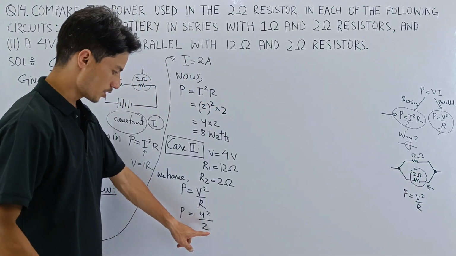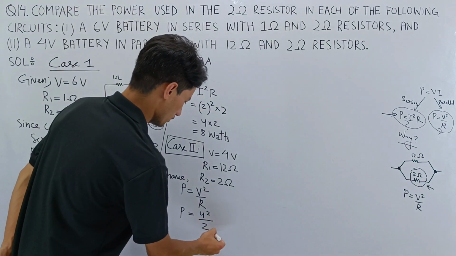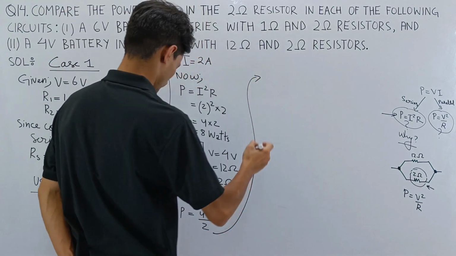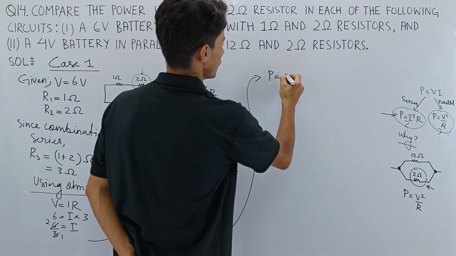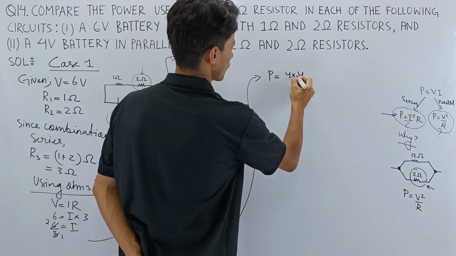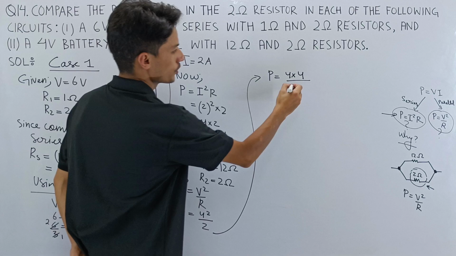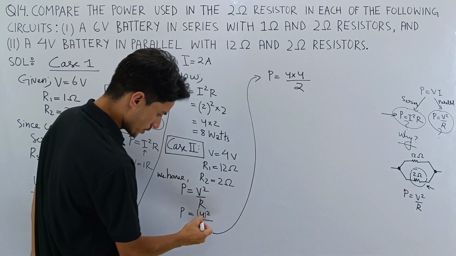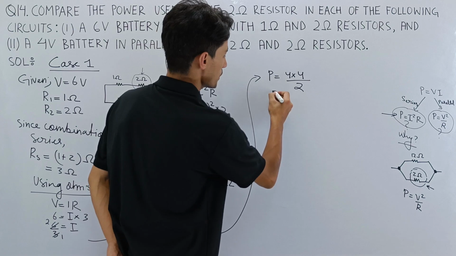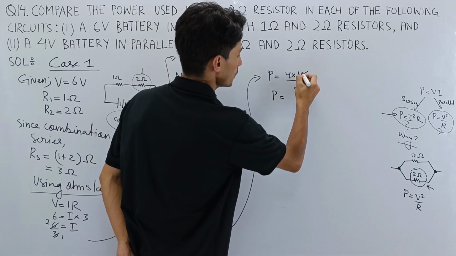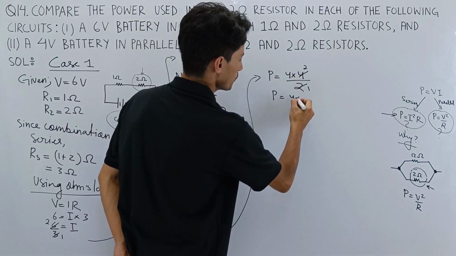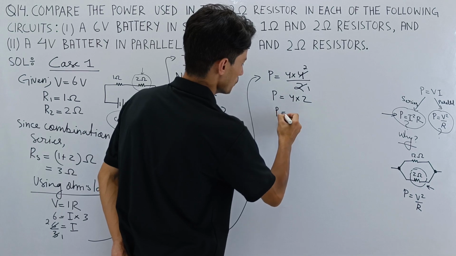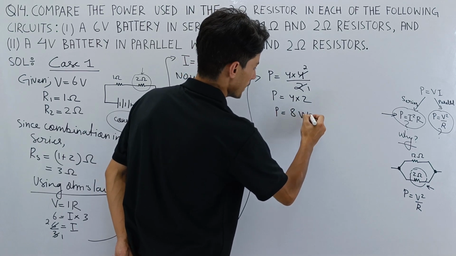So R value will be 2. P is equal to 4 into 4 divided by 2. 4 square means 4 into 4. So P is equal to 2 ones are 2, 2 twos are 4. So you are getting 4 into 2. So power is equal to 8 watts.